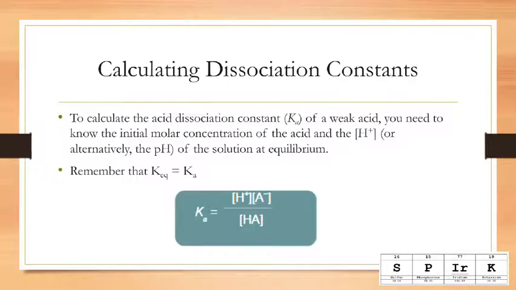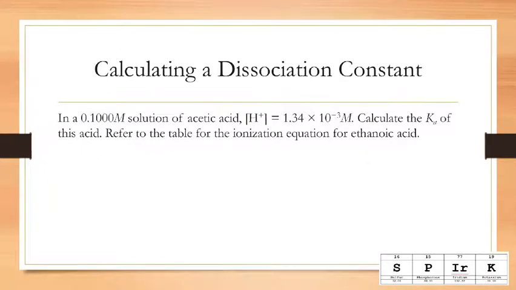Ka equals the H+ ion concentration times the anion concentration divided by the acid concentration. So let's try to give this a shot. In a 0.1000 molar concentration of acetic acid, H+ concentration equals 1.34 times 10 to the negative 3 molar. Calculate the Ka of this acid.